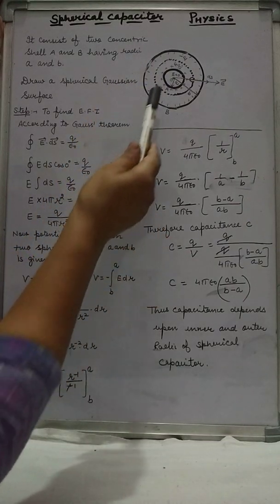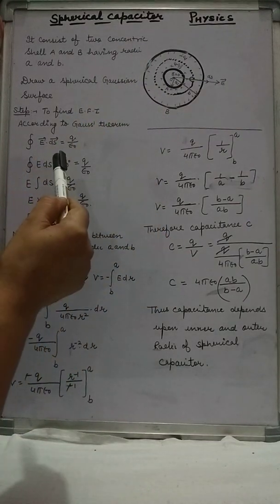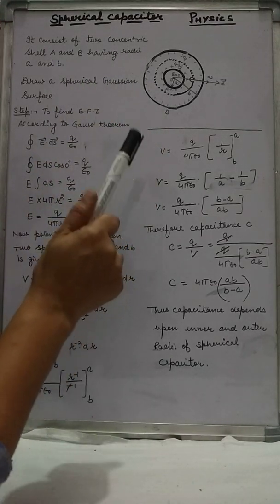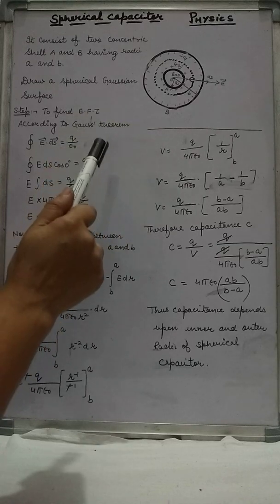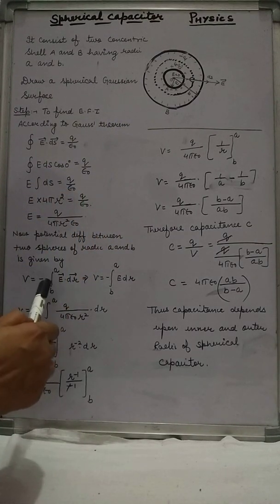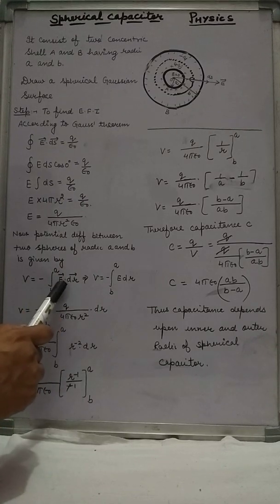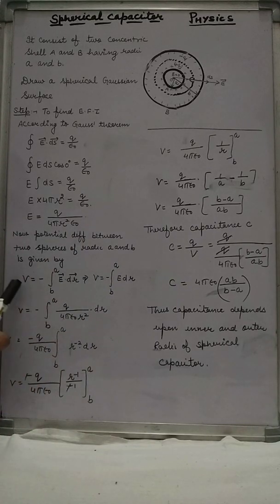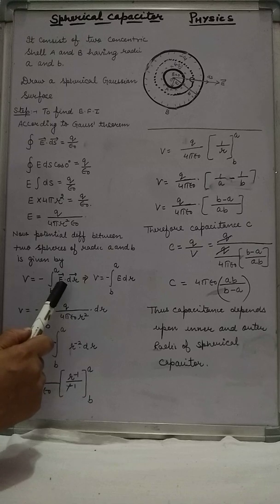So from here we have to calculate electric field intensity. First of all, we have to calculate electric field intensity, and to calculate potential difference we have to apply the formula we have studied already, that V is equal to minus integral of E dot dr. So to calculate potential, we have to calculate electric field intensity first of all.